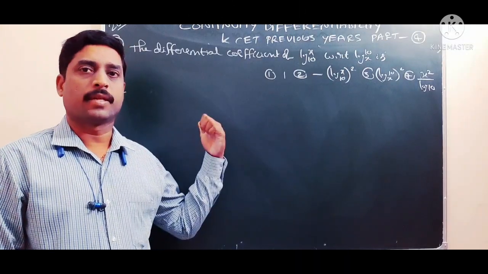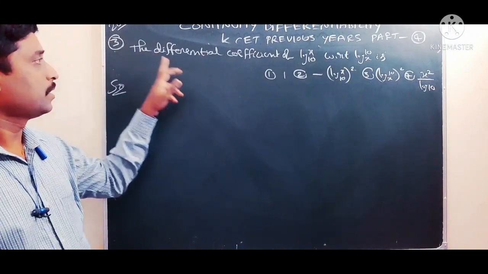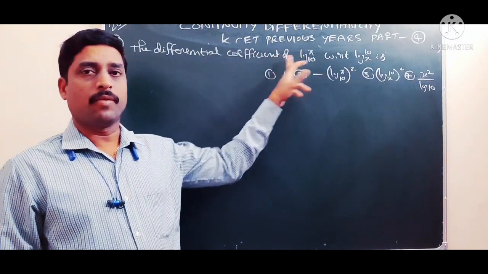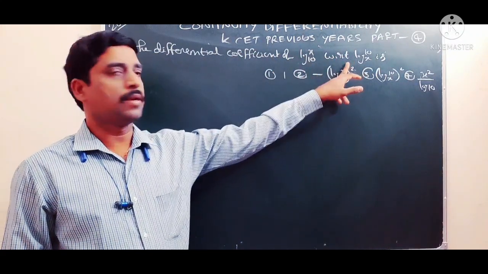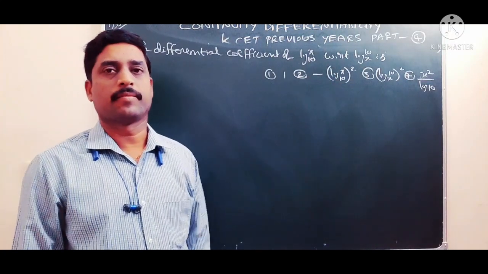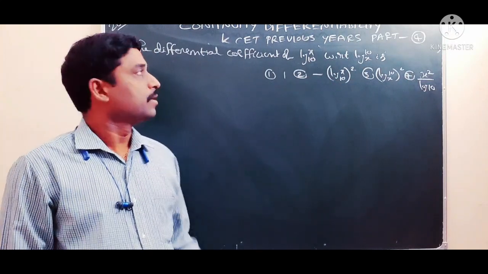Okay, let us go to the next problem. This is from 2016. The differential coefficient of log x base 10 with respect to log 10 base x. How can we solve?